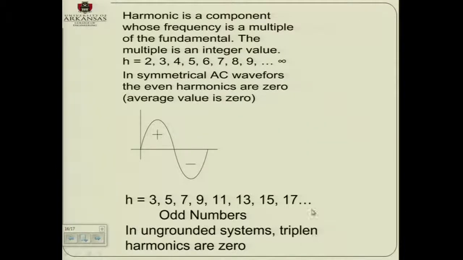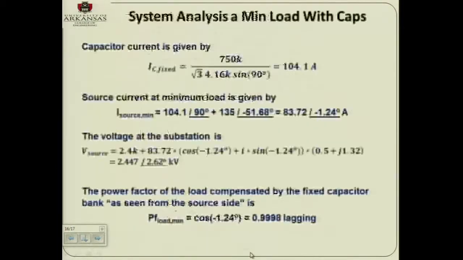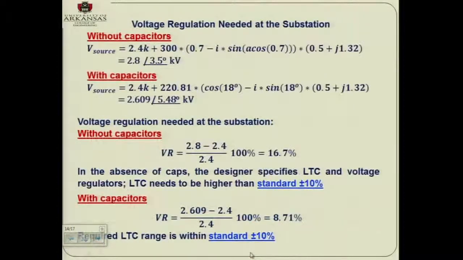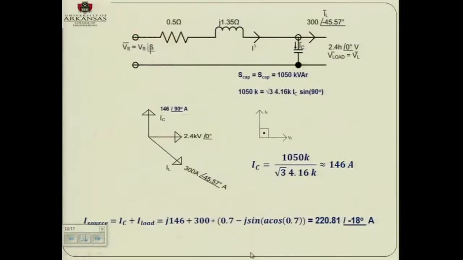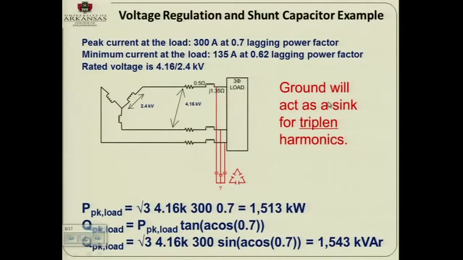In an ungrounded system, triple harmonics are 0. That's the reason why, if you look at the red and this cone, ground will act as a sink for triple harmonics. If you have a ground connection on that Y-connected capacitor, any triple harmonic put out by your system will come through here.